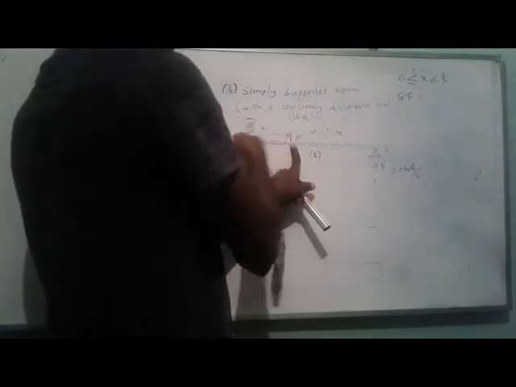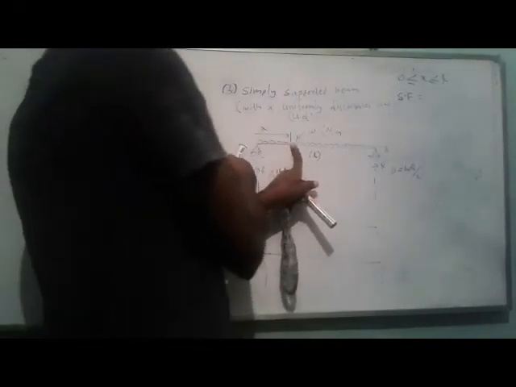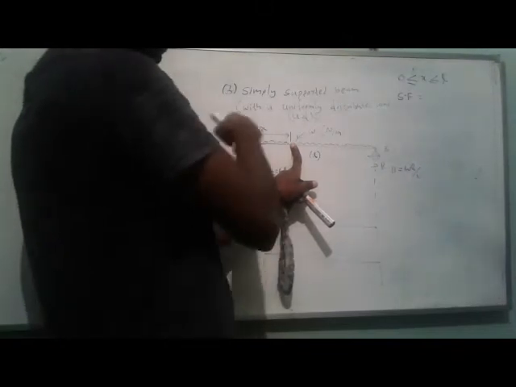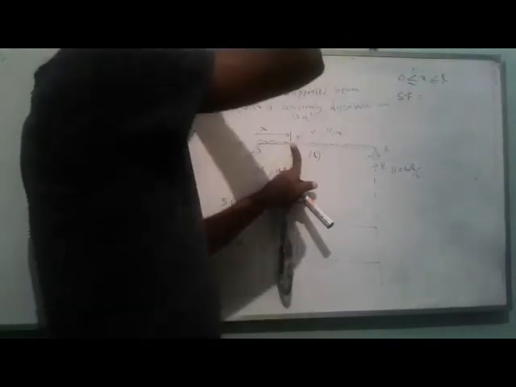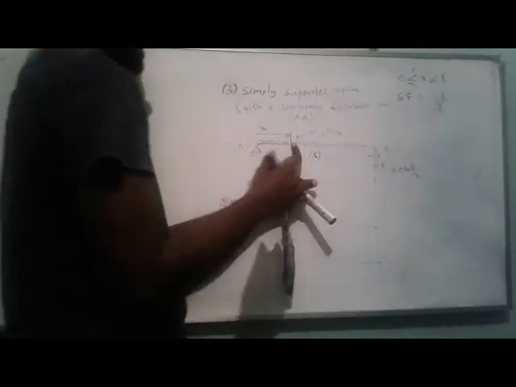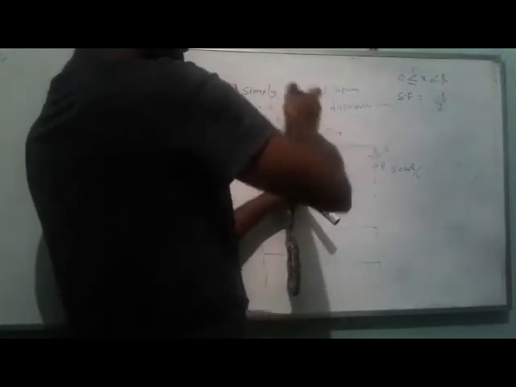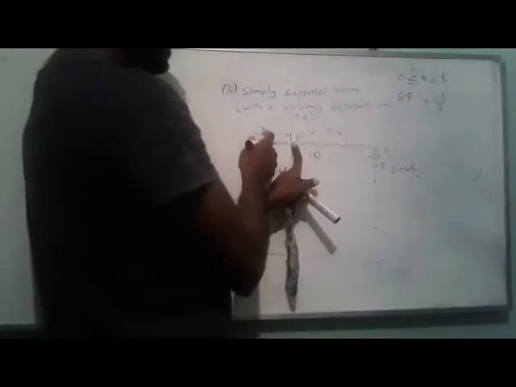Then consider the equilibrium of this section, with all the forces on your left hand side. The first one is RA, that means WL over 2. Due to this force, it creates a clockwise shear force. Therefore it is positive.